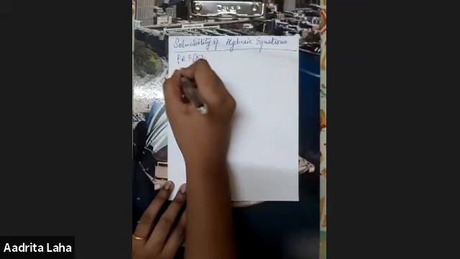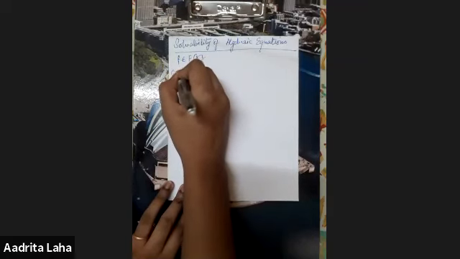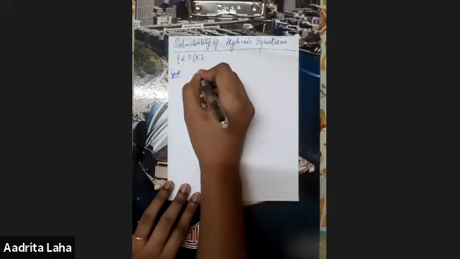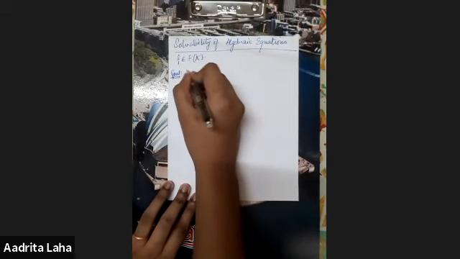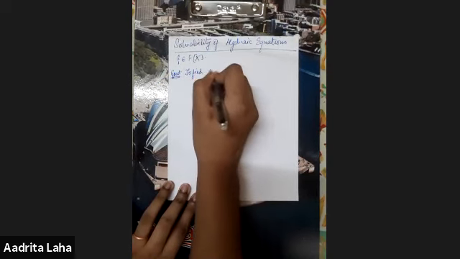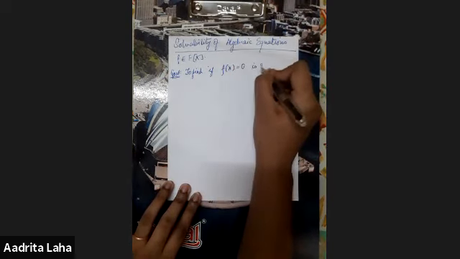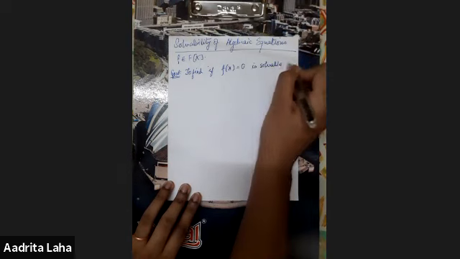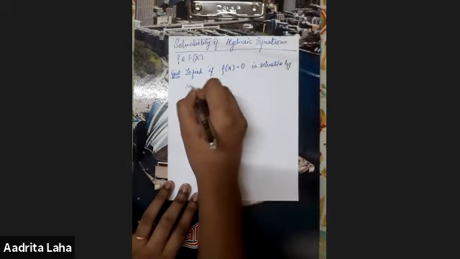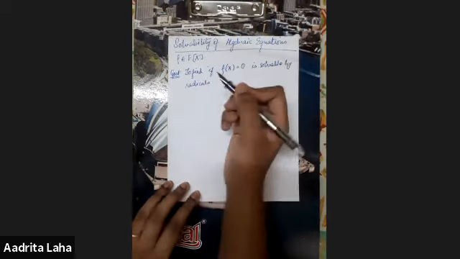So the question is, what is our goal? Our goal is to find if f(x) equal to 0 is solvable by radicals. So what does it mean?